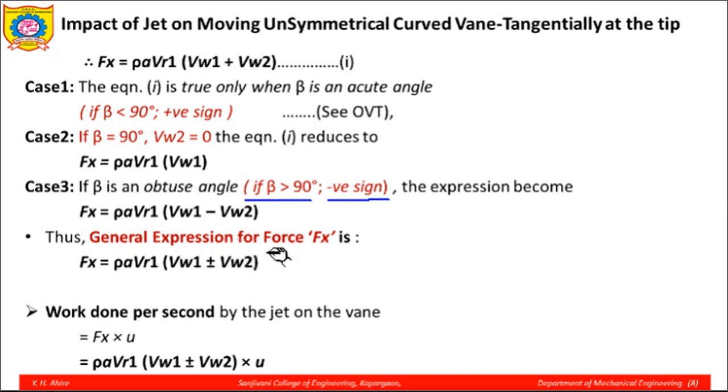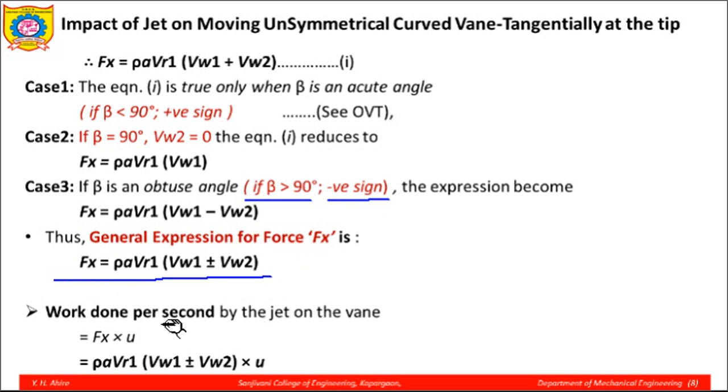Thus the general expression for force Fx is rho a Vr1 into (Vw1 plus or minus Vw2). The sign in this formula depends on whether beta is less than, equal to, or more than 90 degree.